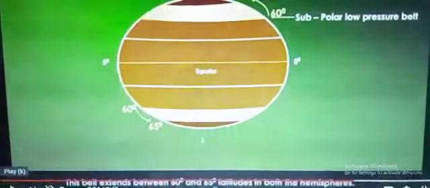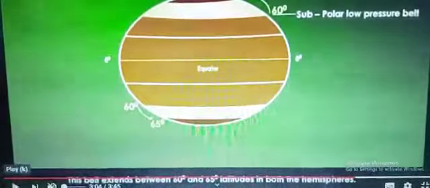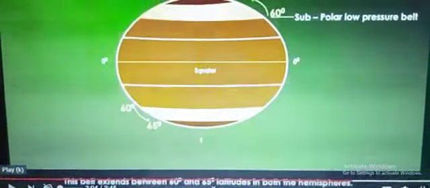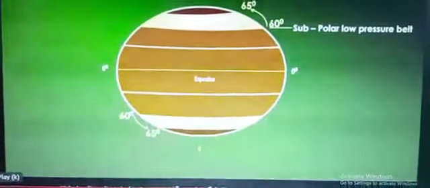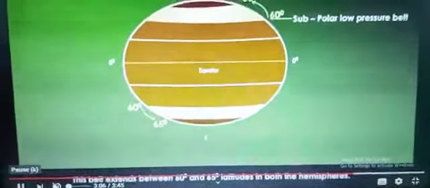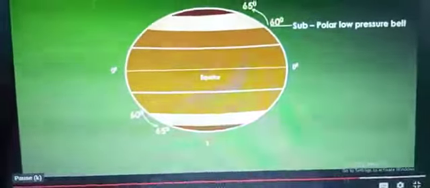This region is marked by violent storms in winter because of the movement of cold wind sinking down. In the diagram you can see the area of the polar low pressure belt or circumpolar low pressure belt.